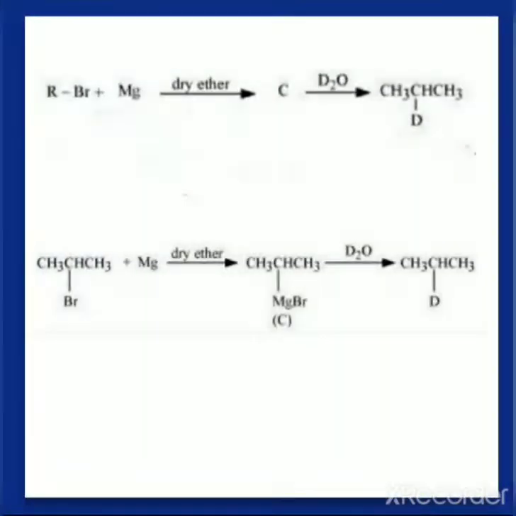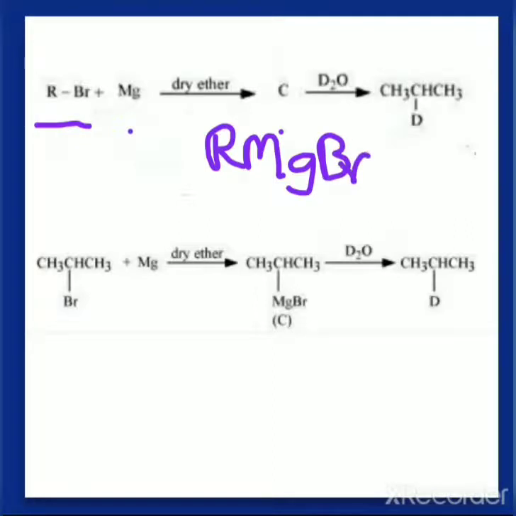Next reaction. The next reaction is given as RBr. What is RBr here? That is a haloalkane plus magnesium, giving rise to product C. So you can easily make the product: RX plus Mg gives RMgX, the general equation. So you can write the product as RMgBr.